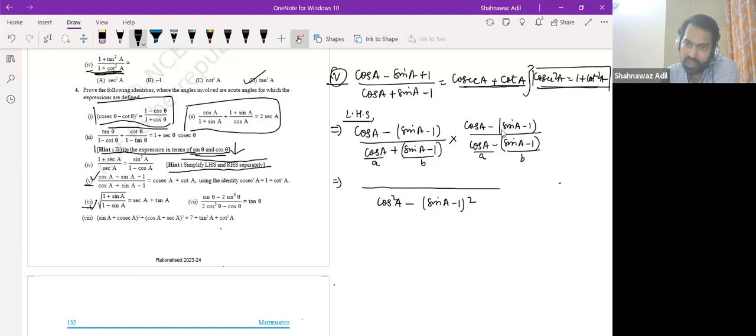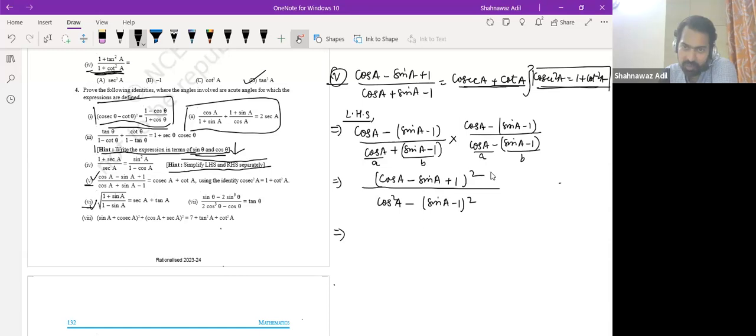And what is the numerator part? Let me write this one and then you guys tell me. Am I correct? Yes, sir. Okay, then you tell me what the numerator is.